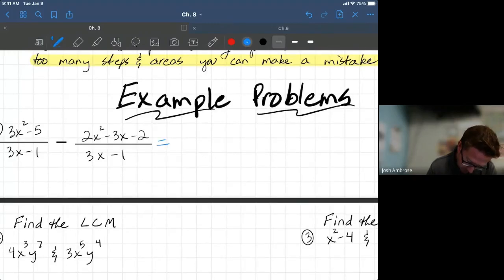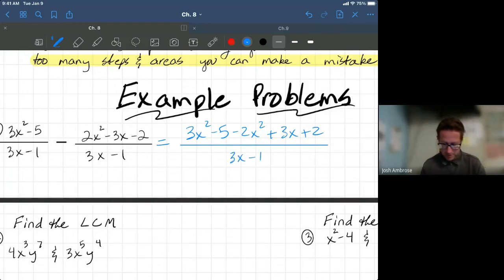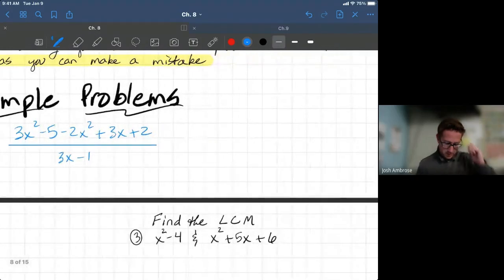All right, so 3x squared minus 5, then minus 2x squared, going to be a plus 3x and a plus 2. All of this is going to have the 3x minus 1 below it. Okay, so plenty of space here.